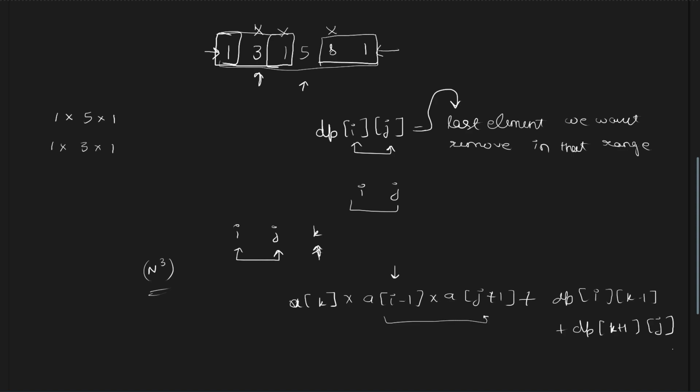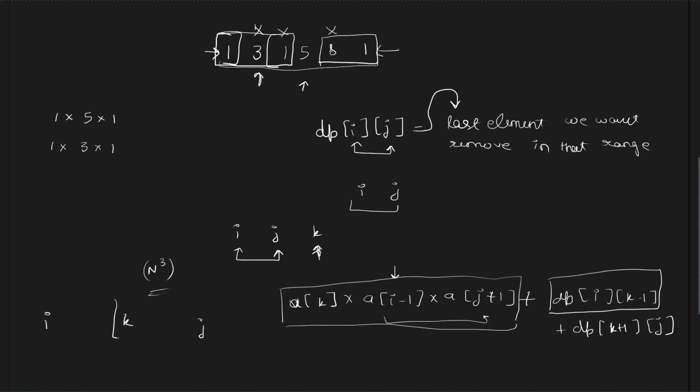If I have decided that in the range i to j, k is the last element that I want to remove, then I can certainly decide that the value added to my answer after removing the kth element would be this. Now if I am removing the kth element, what about the other elements in the range i to j? Again, I can recursively do the dp, that I want to calculate dp of i to k minus 1. So for example, if i is here and j is here and I want to remove some element k from here, right?